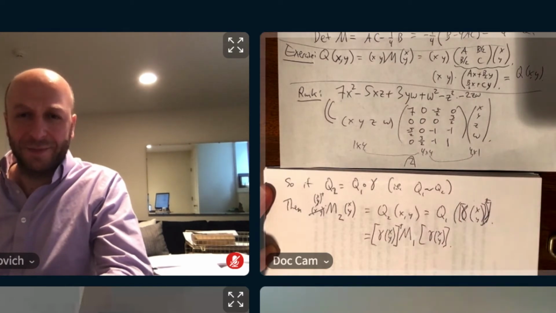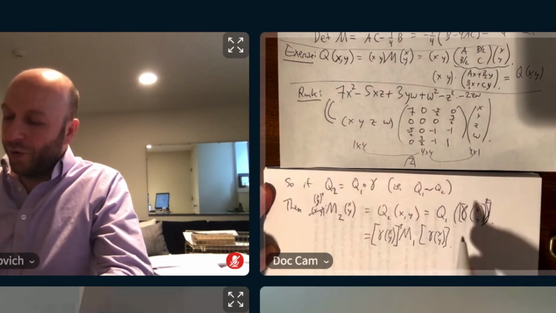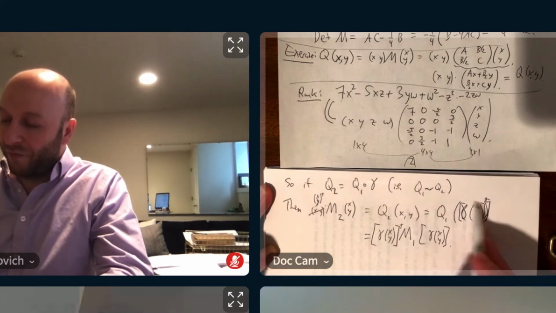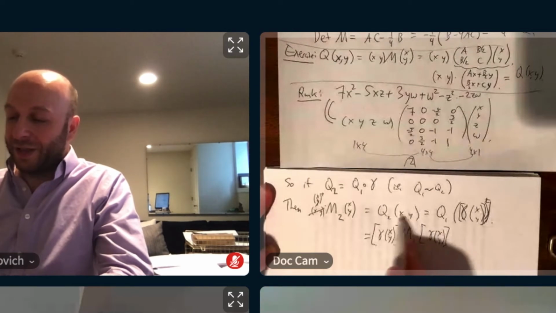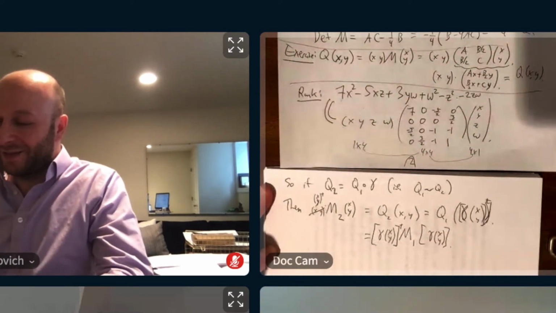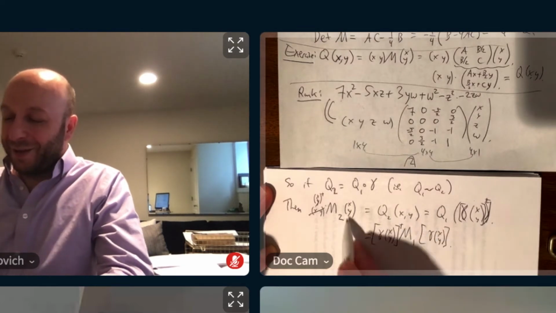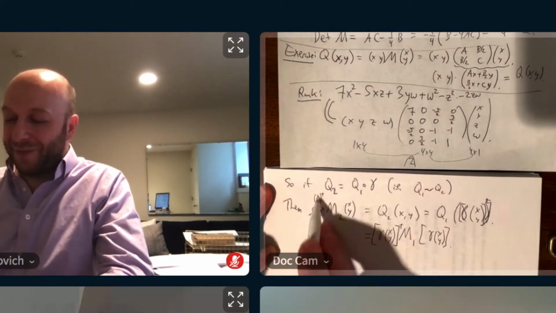Does that make sense? So what Q1 does to this vector is the same as what it does here. I could make this much simpler. All right, too late. It takes the transpose and then puts it over here.